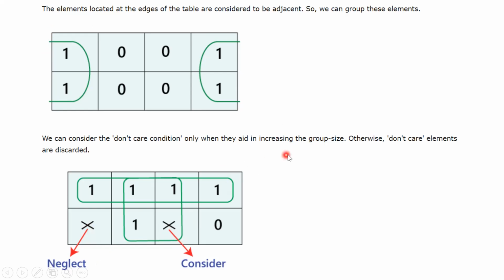So for this table, adjacent edges of the table, if all ones are there, I can make one group.